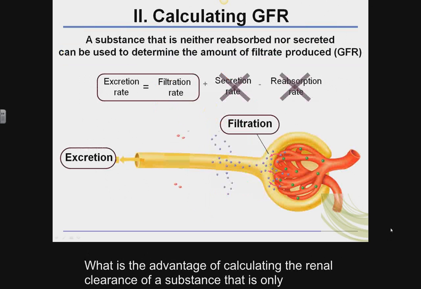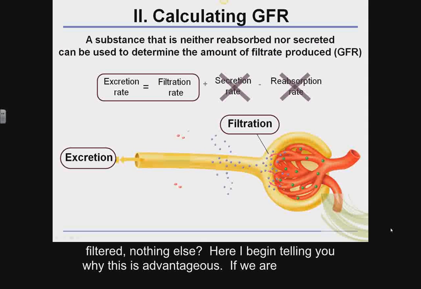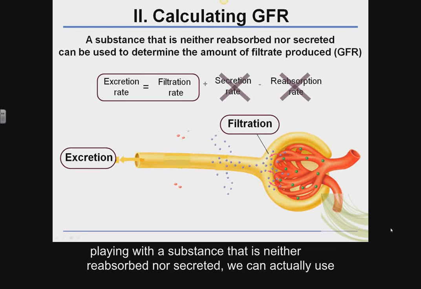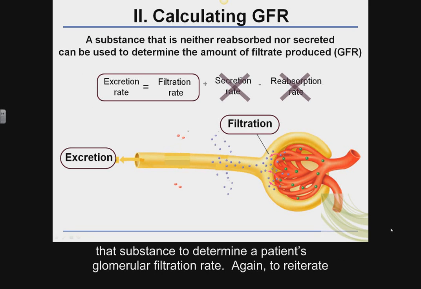What is the advantage of calculating the renal clearance of a substance that is only filtered and nothing else? Here I begin telling you why this is advantageous. If we are playing with a substance that is neither reabsorbed nor secreted, we can actually use that substance to determine a patient's glomerular filtration rate.